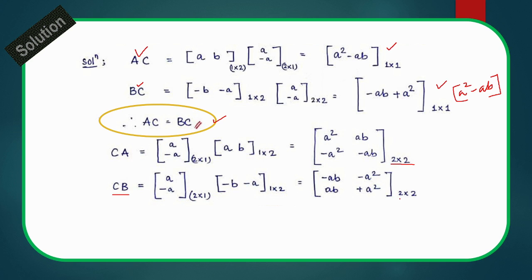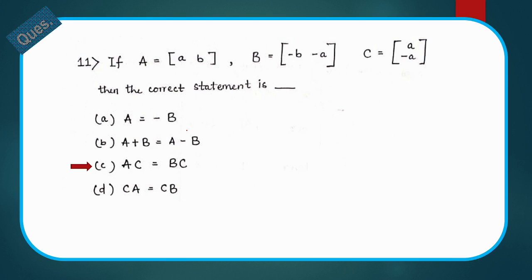So this is a 2 cross 2 matrix CB. So if we compare the elements of CA and CB, these are not equal. So the final answer will be AC equal to BC. So this option is matching. So this is the right answer.